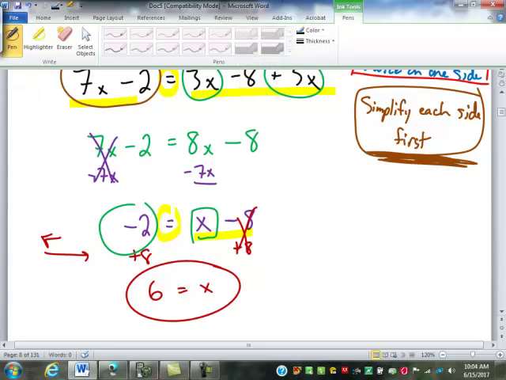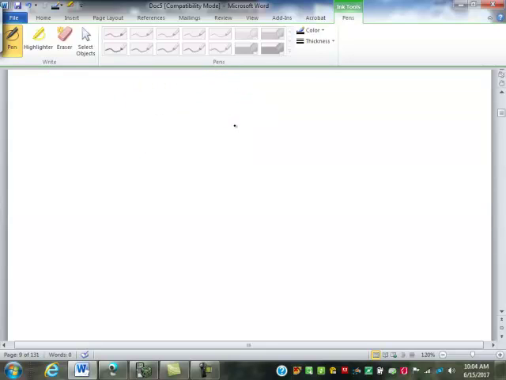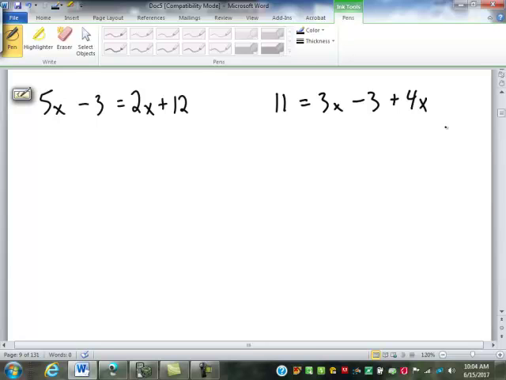I'm going to have you guys try some in your notes. I'm actually going to give you 3 of them here. 5x minus 3 equals 2x plus 12. 11 equals 3x minus 3 plus 4x.